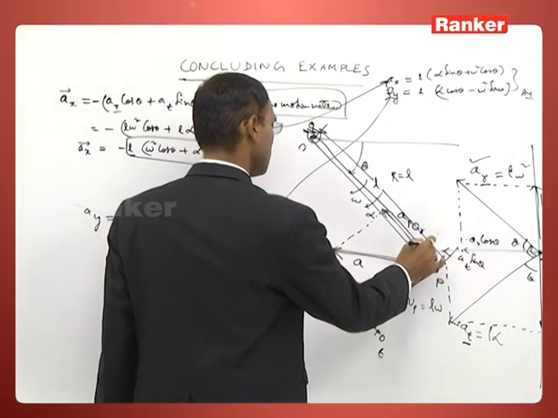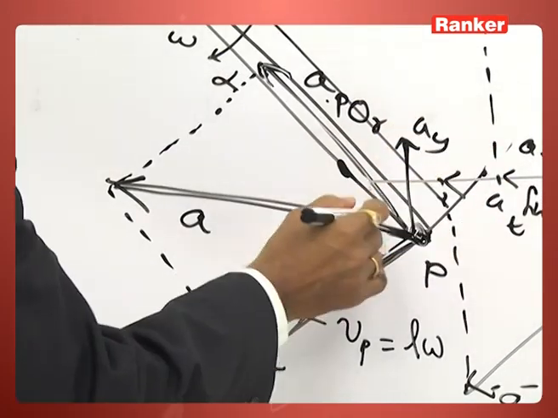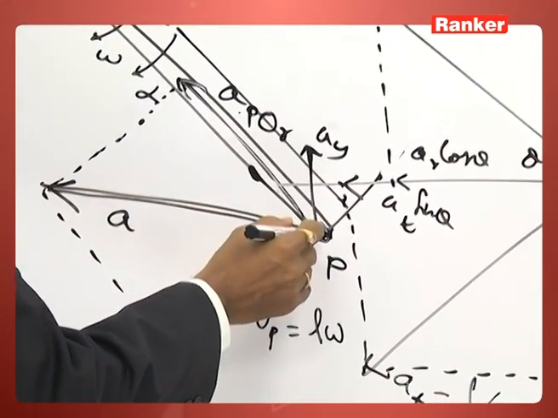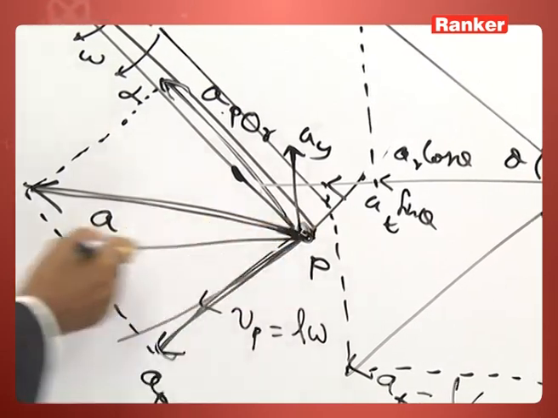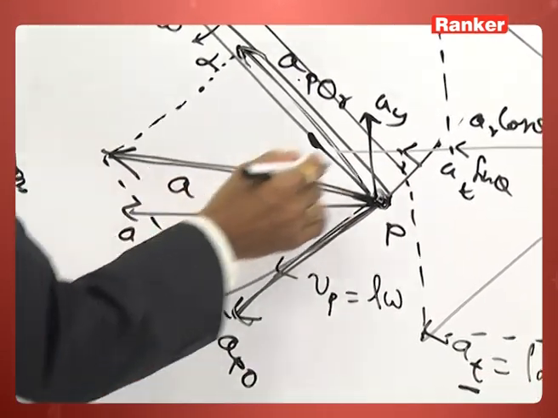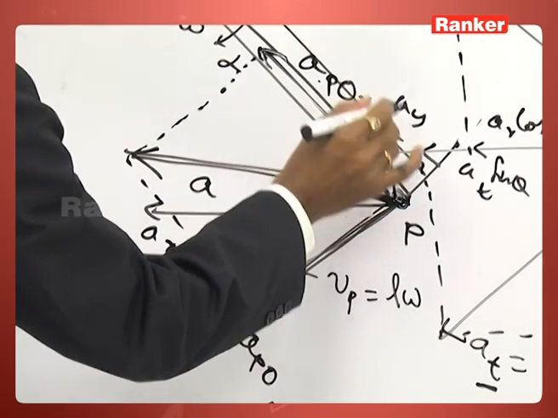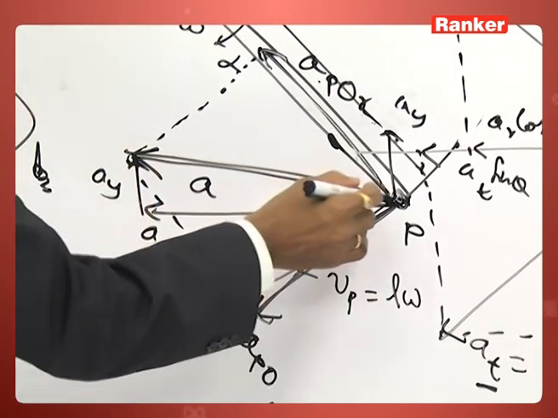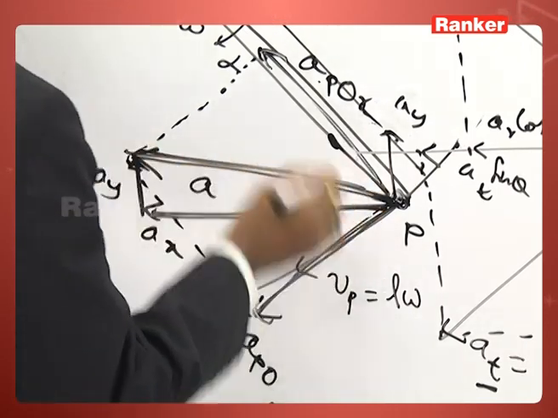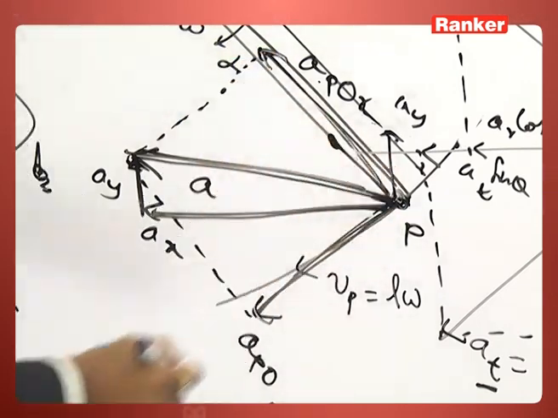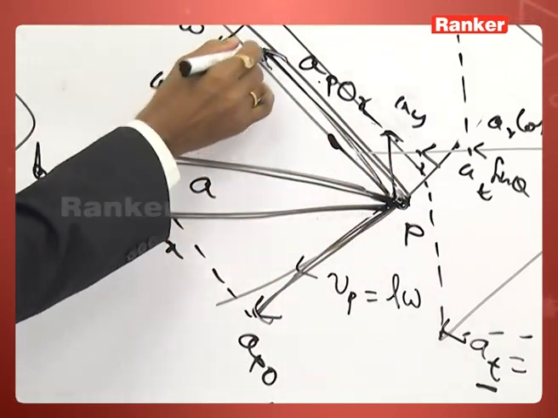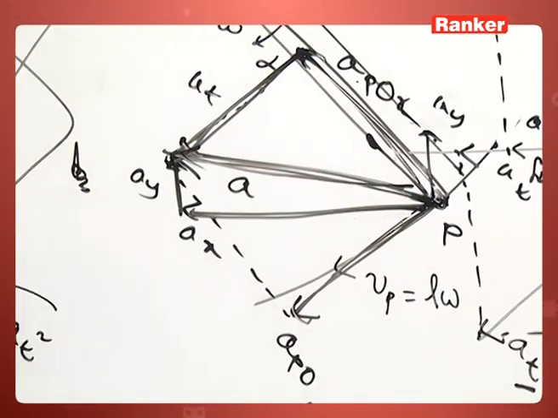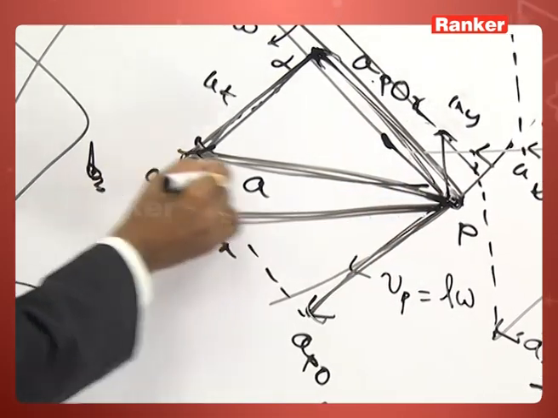This can be written as, suppose this is ay, let ay be up, and this is x, this is ay. You can write x plus ay is equal to a, or you can write a radial plus a tangential is a.